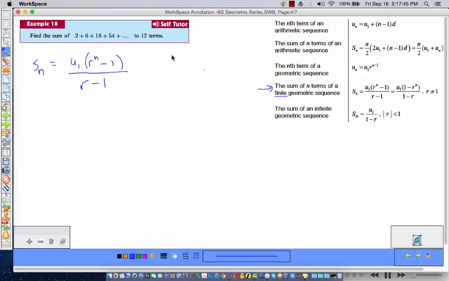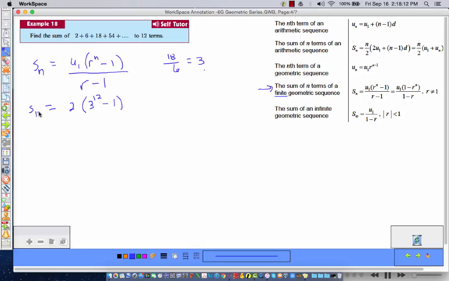Okay, so the common ratio is the ratio between any two consecutive terms. So I'll go with 18 compared to its previous term 6, and that is equal to 3. So we have the first term 2 times the common ratio 3 to the 12th minus 1, since we're doing 12 terms.